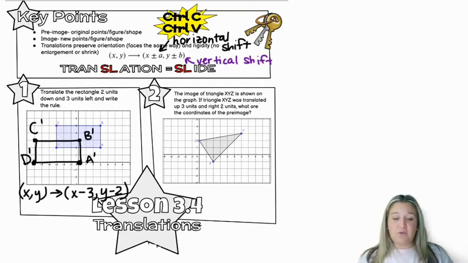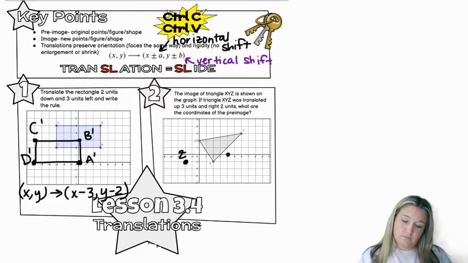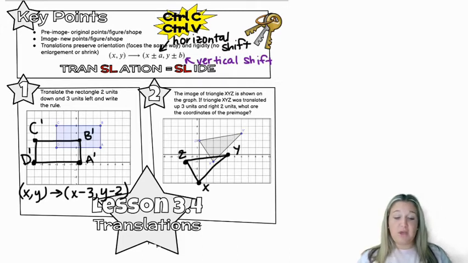This one said 2 units right, so we're going to go 2 units left because we're going backwards. And so this would be our original one. If I were to take the one I just drew and move it 3 up and 2 right, I should get the one that I was given.